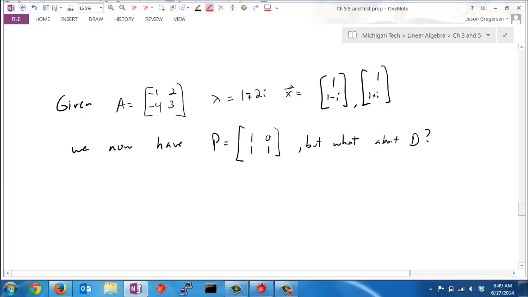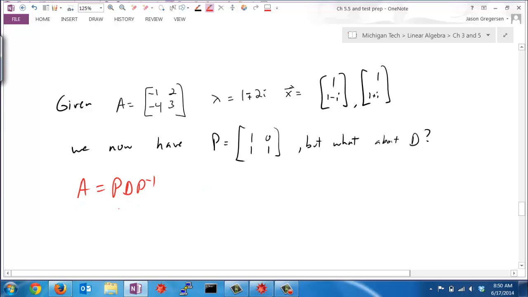And now that just leaves us with D. Normally we use the eigenvalues on the diagonals. But those eigenvalues are complex, and I want real values in this matrix. So I'm going to do a little thing to figure out what D has to be. I'm looking for this thing. I know what A is, now I know what P is, so instead I'm going to go like this.